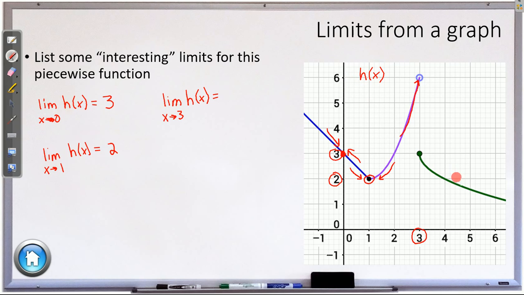But if we follow from the right side, we're coming to 3. They're different, and so the limit does not exist. It's not the same coming from the left and from the right. The limit does not exist.